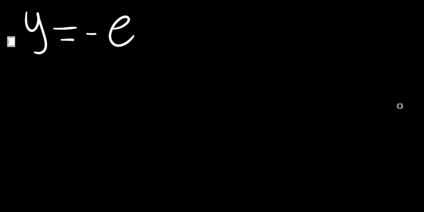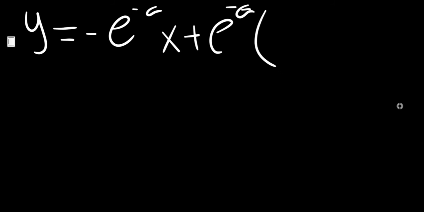So look, our y was equal to minus e to the minus a, right? The minus a x, and then plus, and let's separate the terms, minus a of a plus 1.